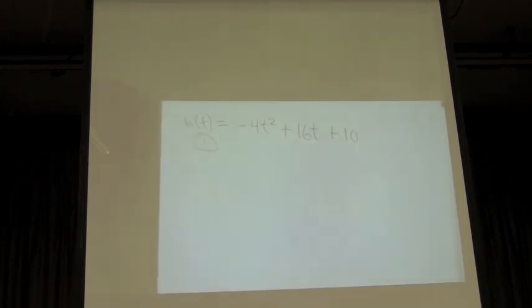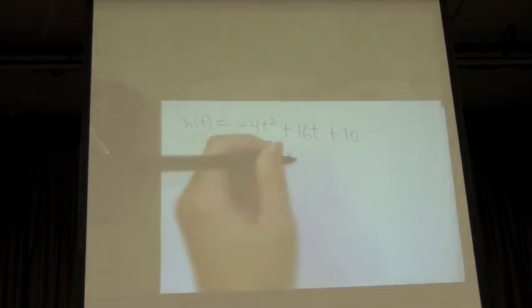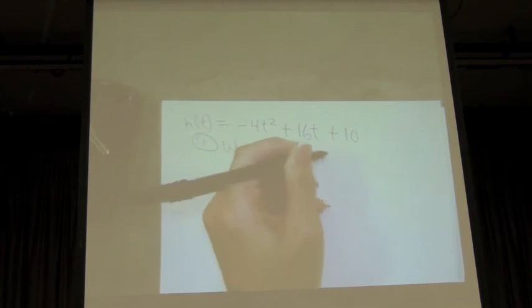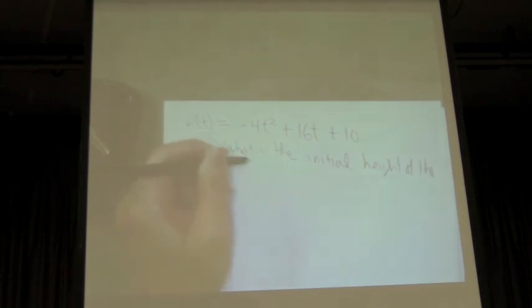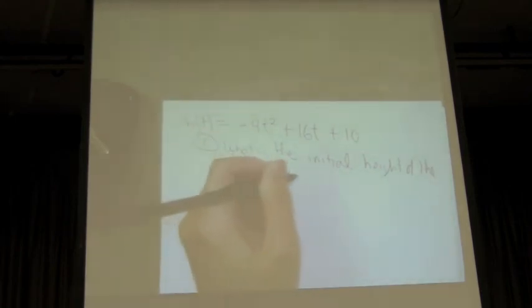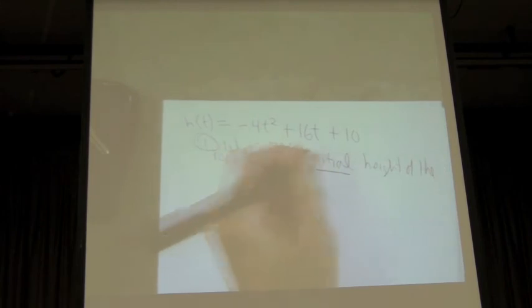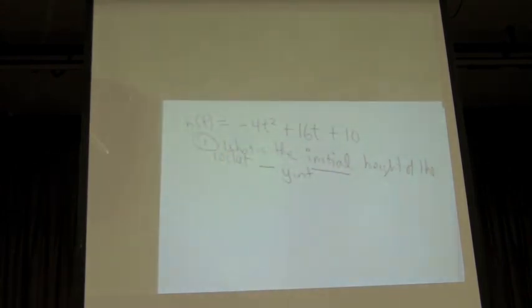If we wanted to ask you a question about the y-intercept, what would the question be? What is the initial height of the rocket? That means the y-intercept. What word are we recognizing? Initial, starting, beginning, some word like that.